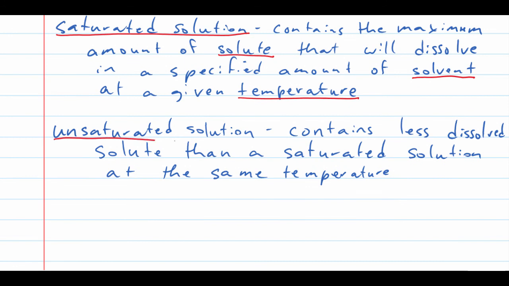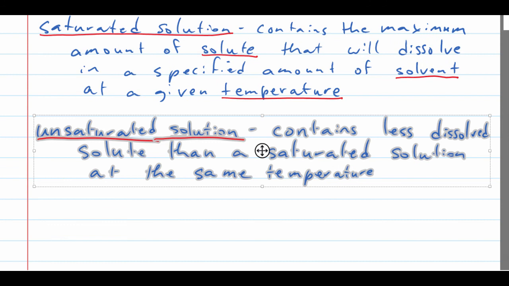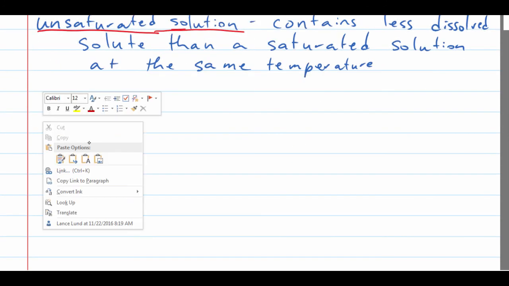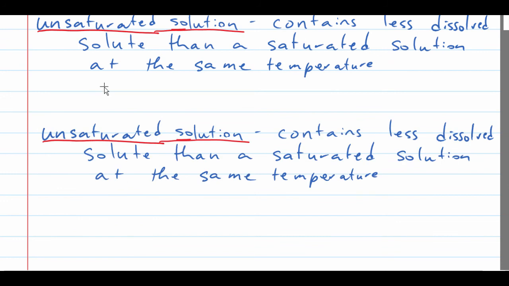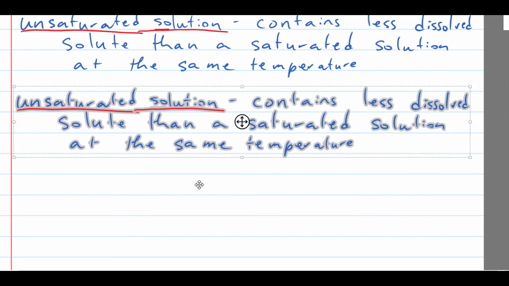And then if we go to the last one here, basically what I'm going to do is copy and paste this definition right here. We'll copy this, and we'll come down here and paste this. And we're going to change this just slightly.